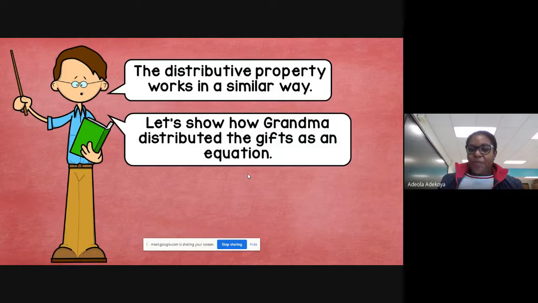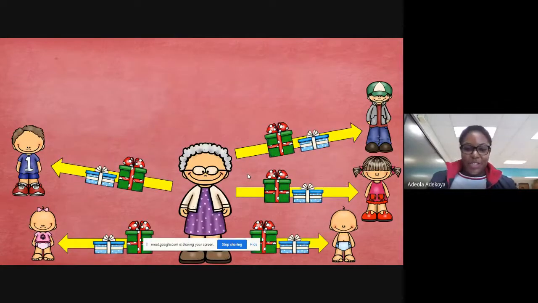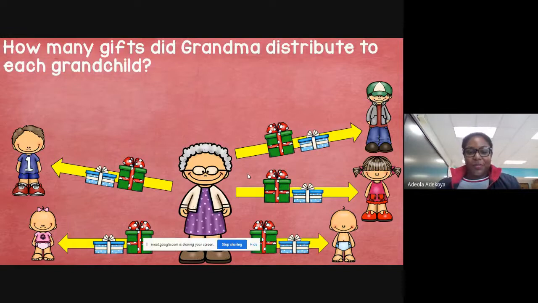So the distributive property works in a similar way. So let's show how grandma distributed the gifts as a math equation. So here she is with her grandchildren. How many gifts did grandma distribute to each grandchild? She gave them 2. Look at that, 2 gifts each.